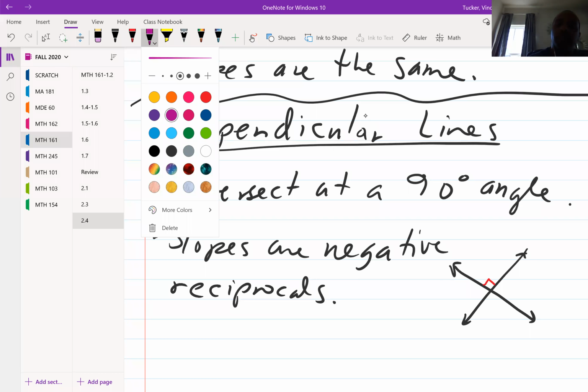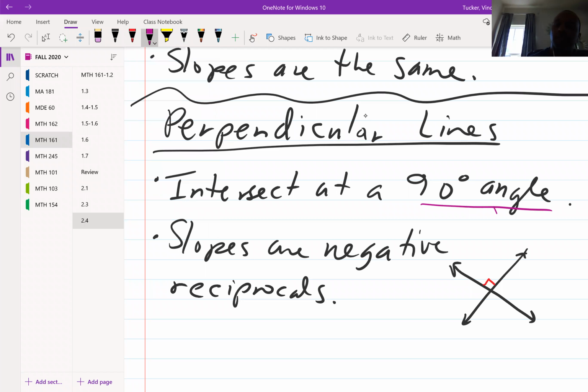We'll talk about that in a second. And remember that red square in there lets you know that we have a 90-degree angle.